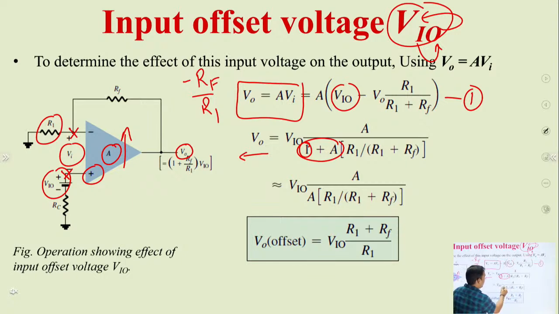So this A will be cancelled out, and we can note down that the output offset voltage is nothing but VIO multiplied by R1 plus Rf divided by R1. So we can see that the output offset voltage depends upon the input offset voltage. This is the first important point here.